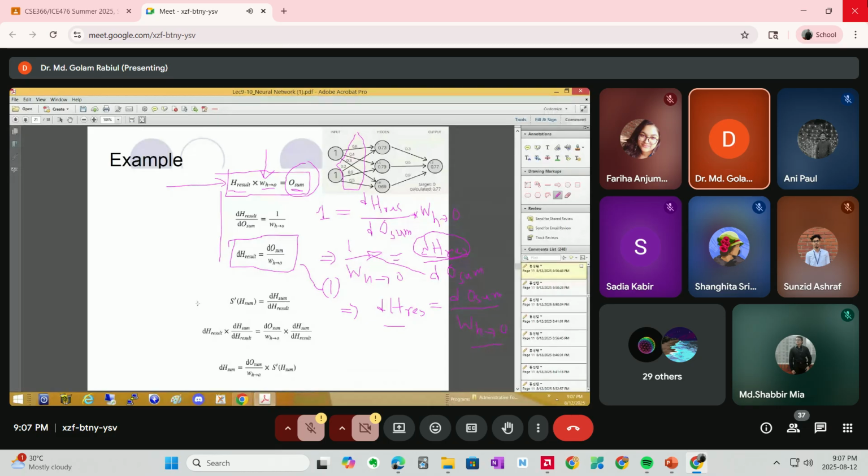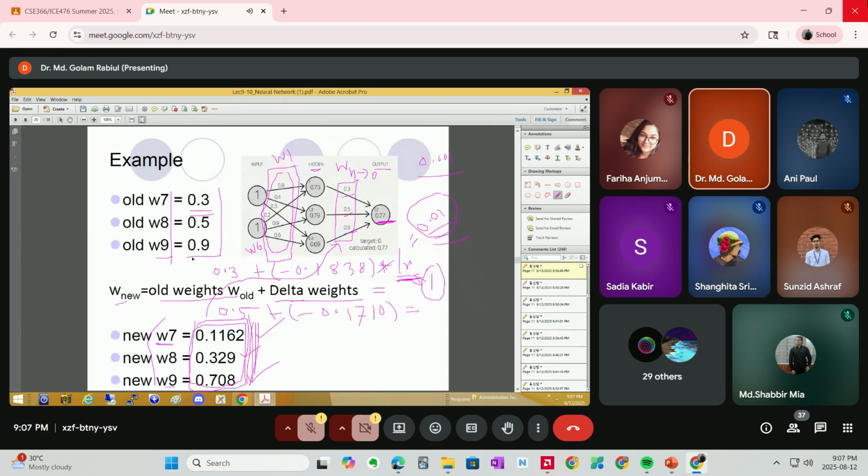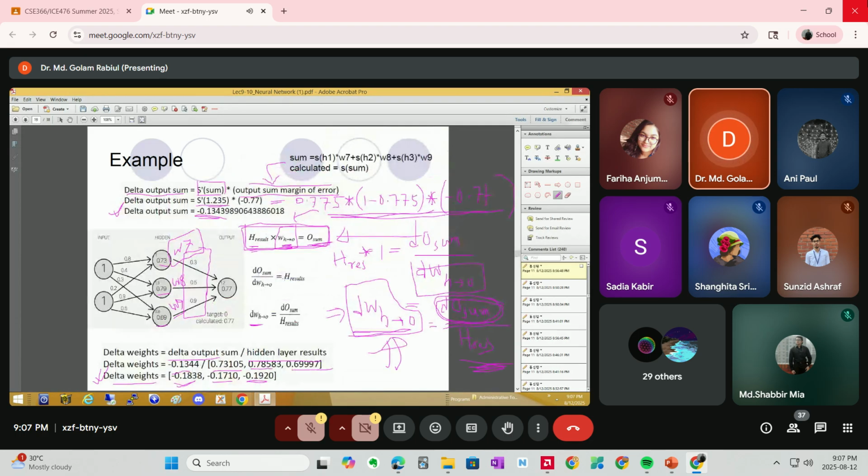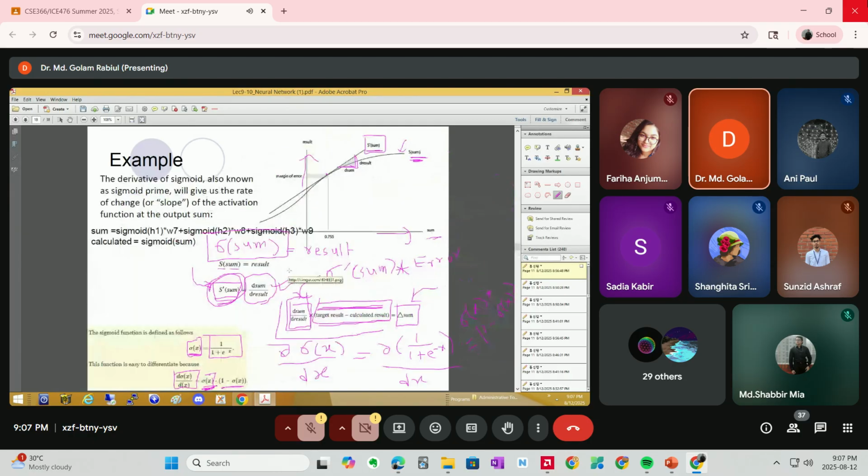Then now we know the derivative of the sigmoid of the sum from our previous equation. It is delta sum by delta results with respect to the last layer.